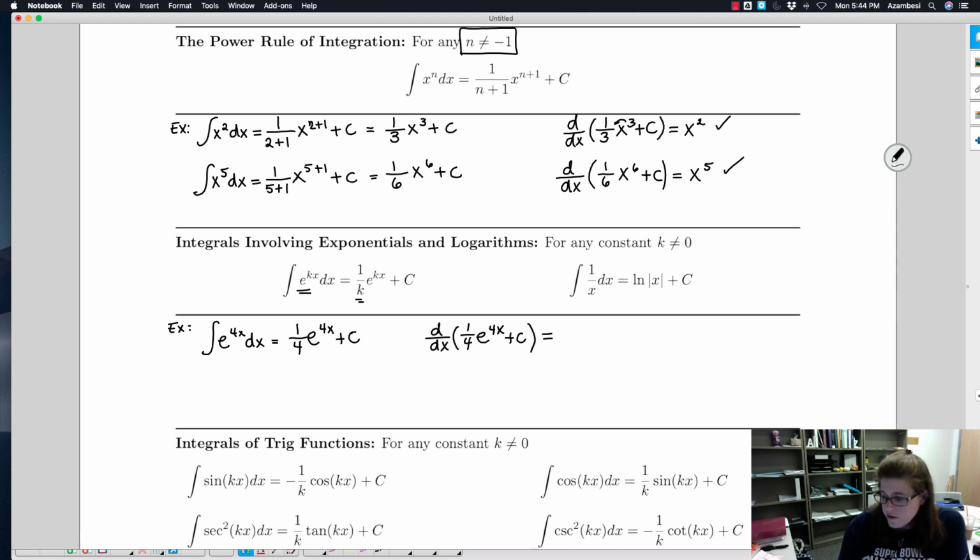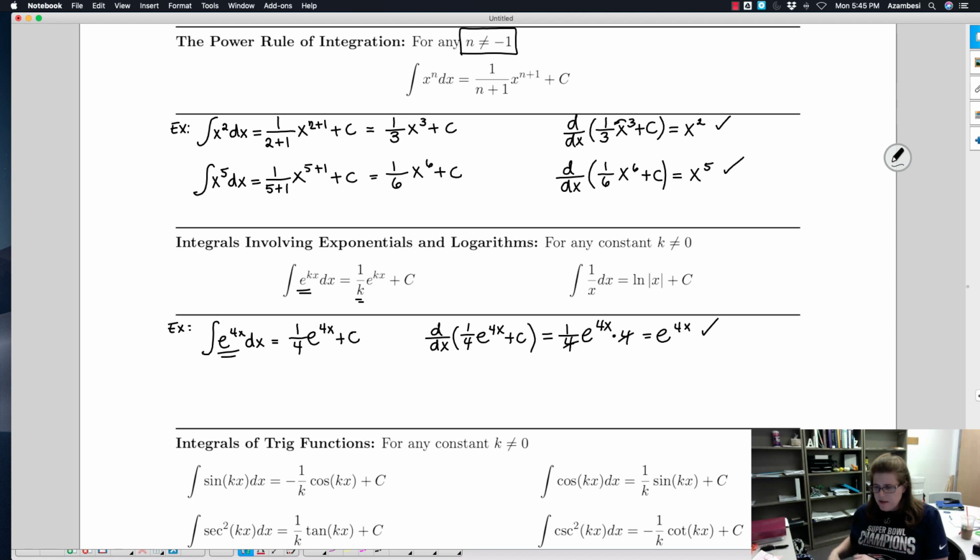Now, when I take the derivative of something that involves e, remember I get that same thing back times the derivative of the power. So 1/4 is tagging along for the ride. I get the same thing back, e to the 4x, times the derivative of 4x, which is 4, and my c drops off, cancels my 4's, and I get e to the 4x, which is what I was finding the antiderivative of.